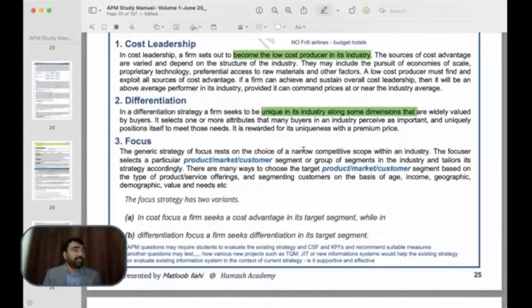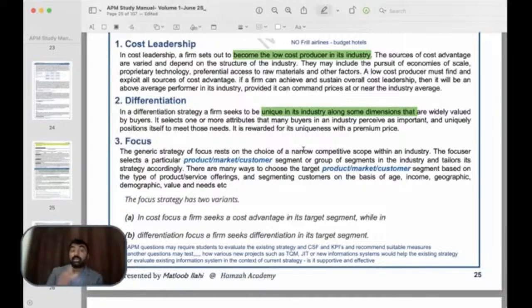In the auto industry, we can see that on the one side, Toyota and Suzuki are following a cost leader position. They are more economic and they use more standardized components.